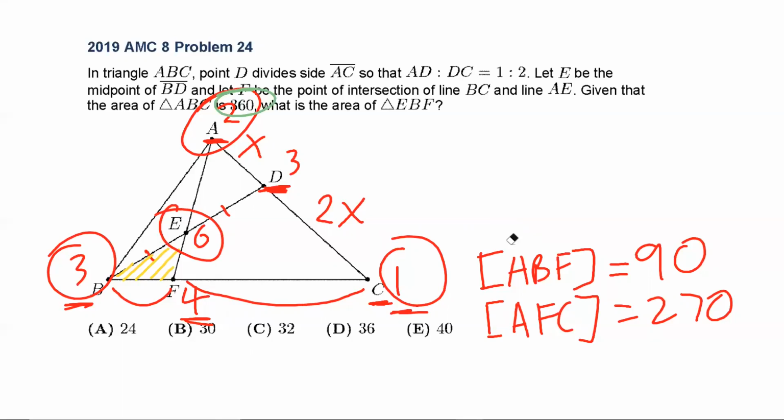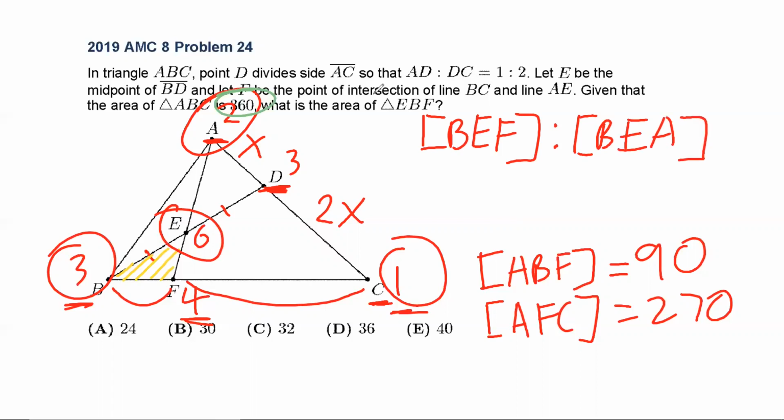So that means that because they have the same height, the area of triangle BEF to the area of triangle BEA is equal to 1 to 2, right?